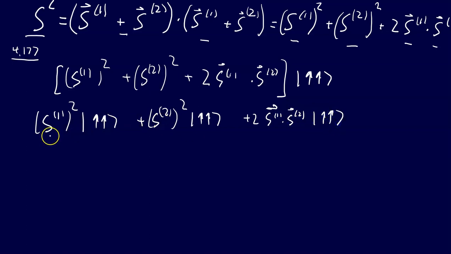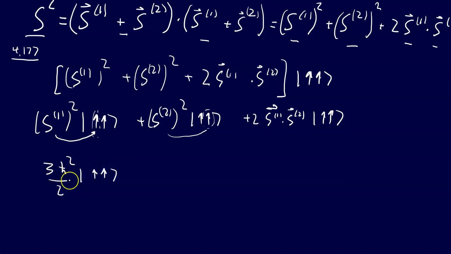But so this is S1 vector squared. And so remember, when you write it that way, it only acts on the first spin. This one's only acting on the second spin. So this is going to give us back 3 over 4 h bar squared. This is because your S1 squared vector is acting on just a spin 1/2 particle, and this is an eigenstate of that.